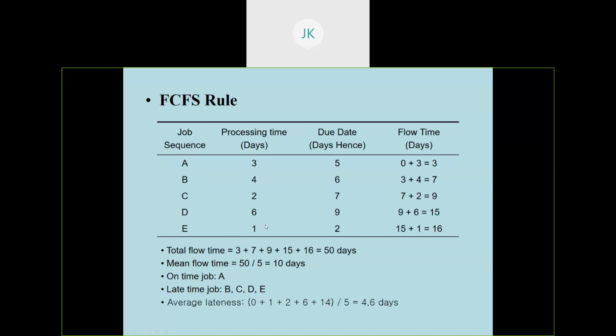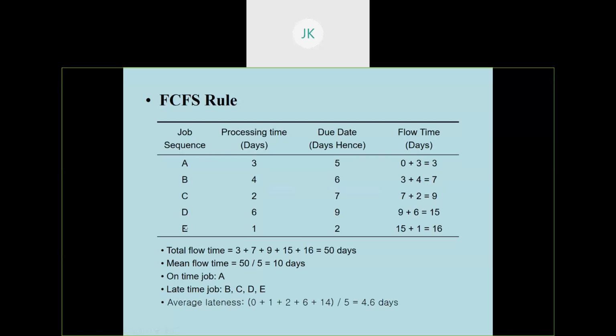Then the flow time for the first job will be 3 days. Job B waits, so 3 days plus 4, flow time is 7. Then for job C, 7 days wait and then 2 days work, so total flow time for this job is 9, and so on.